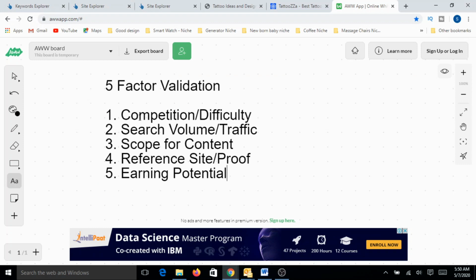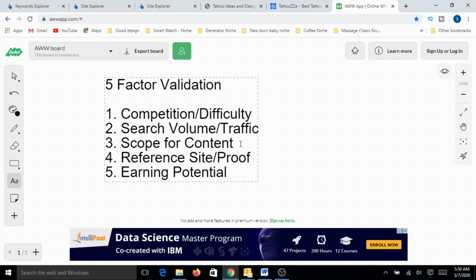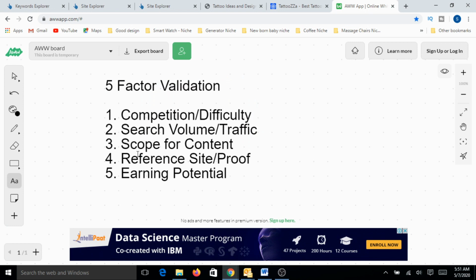So we verified everything. There are thousands of keywords with low difficulty, and we have verified that excellent search volume was there, and we found that more than 4,000 different keywords are there to write the content. And we already verified two websites as reference or proof that this micro niche still works, and a very good earning potential is there.